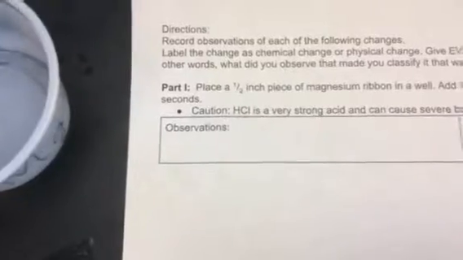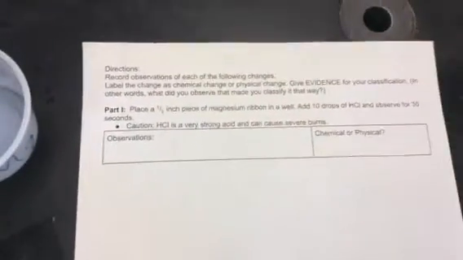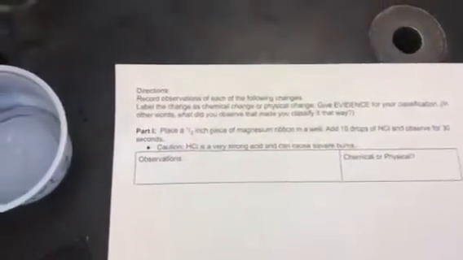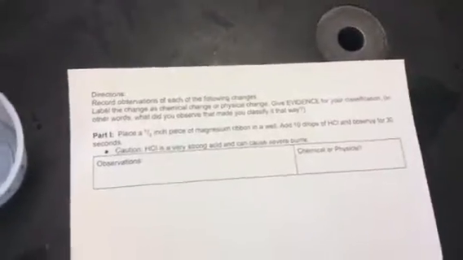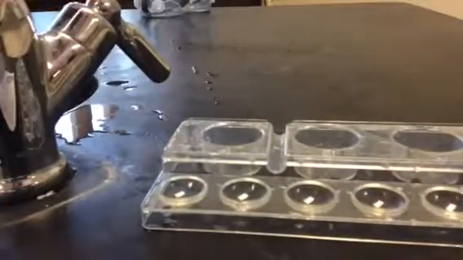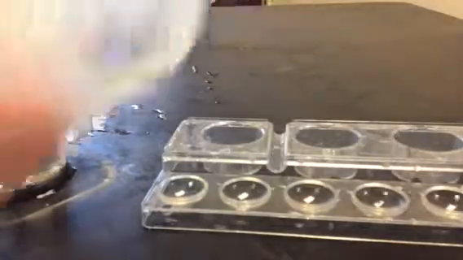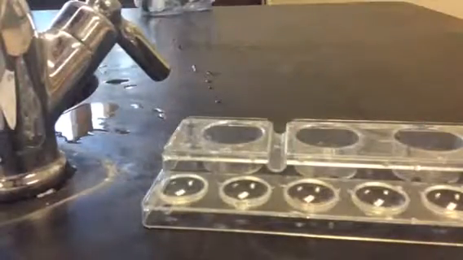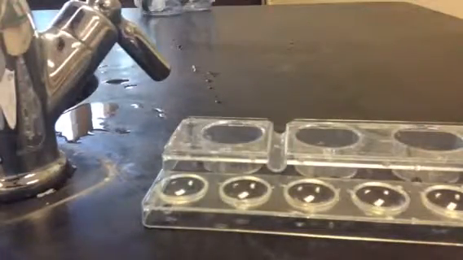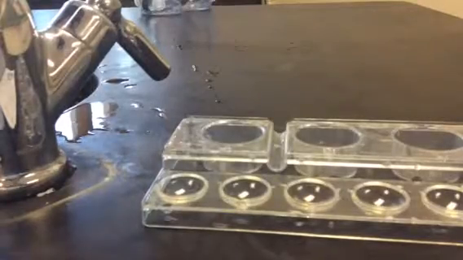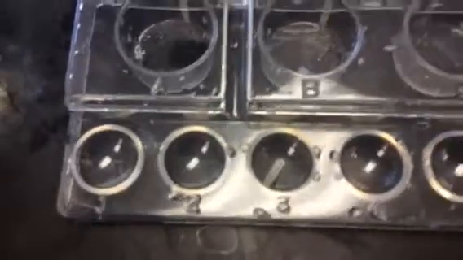Okay, this is part I. It says add a piece of magnesium ribbon and then 10 drops of HCl. We're going to observe it. So, get my magnesium ribbon here. Okay, so there's my magnesium ribbon in the well right there, you can see.